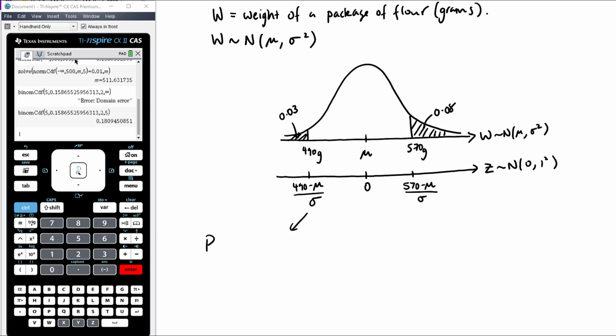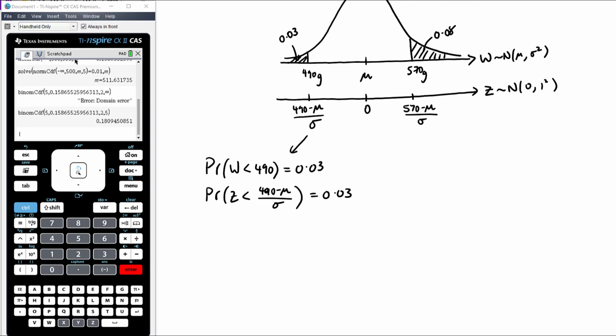So we know from the original question that the probability that the weight of a packet is less than 490 is 0.03. When we standardize, that tells us that the probability that Z is less than 490 minus the mean divided by the standard deviation is 0.03. And so we can use inverse normal to find what this value should be. Okay.